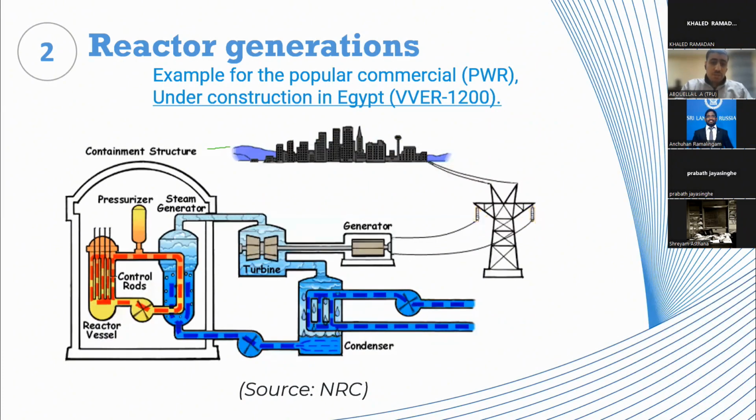Bangladesh also, and many other countries, Belarus and some reactors in the Russian Federation are included in the list of VVER 1200. This is one of the most effective and enhanced safety reactors operating, and this is a third plus generation reactor.